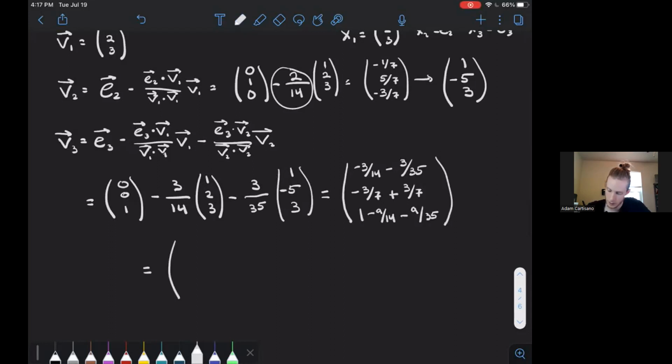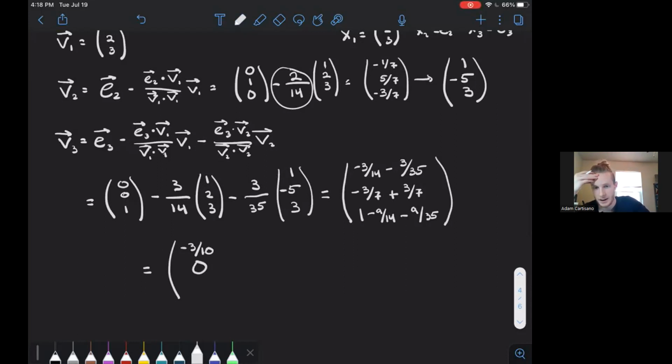So negative 15/70 minus another 6/70. That's 21/70. So negative 3/10. We're going to check our final answer. Actually, I think we can just look. Yeah, okay, we can cheat. 0, by the way. Nice.